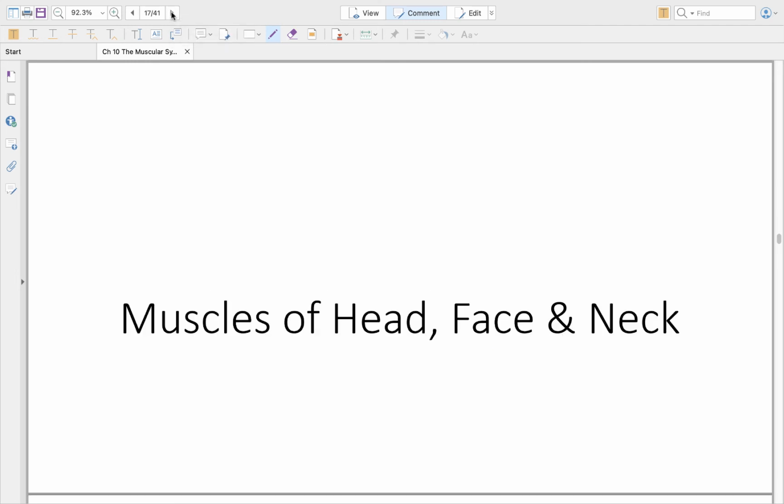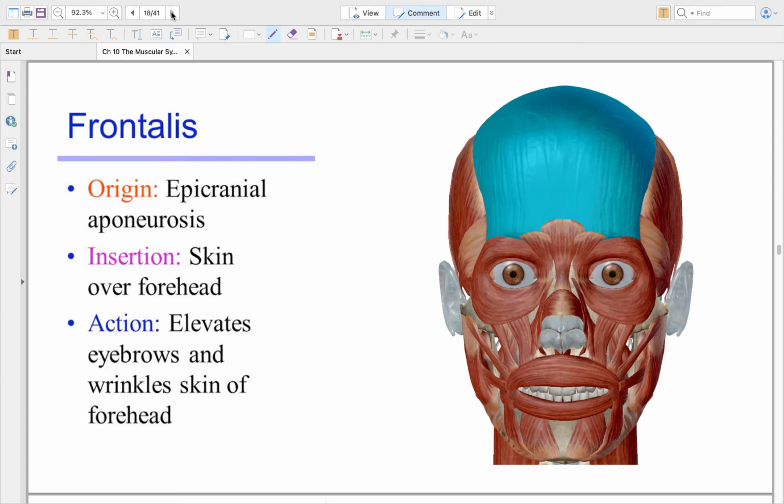The muscles of the head, face, and neck. Now, I'm going to start with showing you a muscle, going through the origin, insertion, and action of that muscle. And these muscles that I have in our slideshow will be the muscles that are potential test questions for lab and lecture.